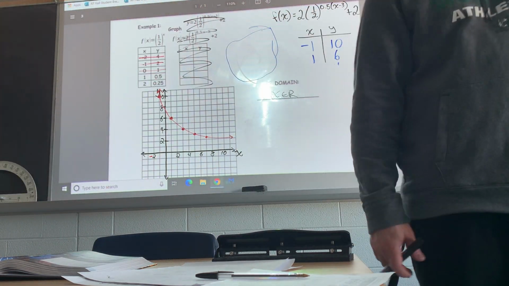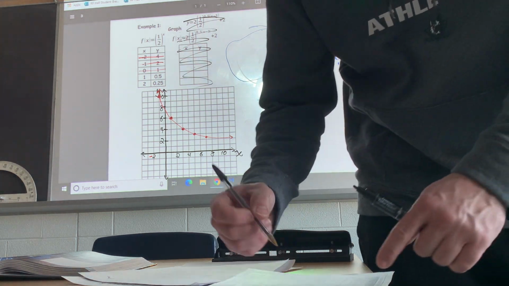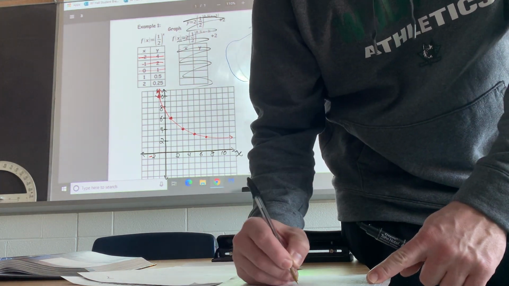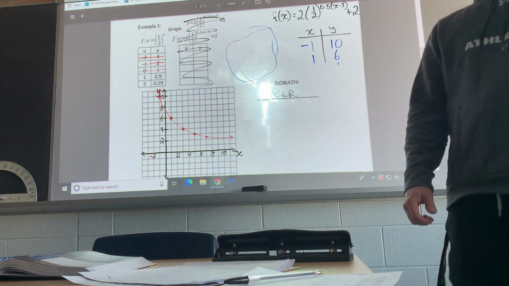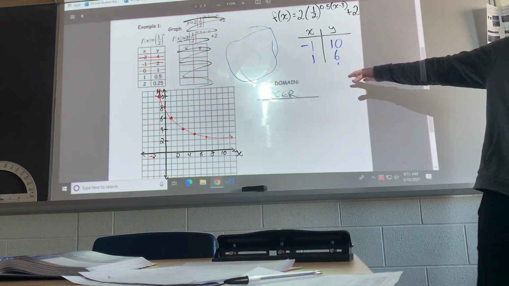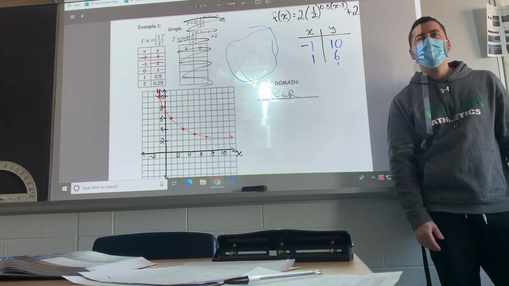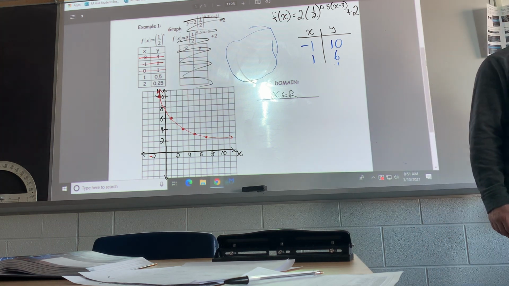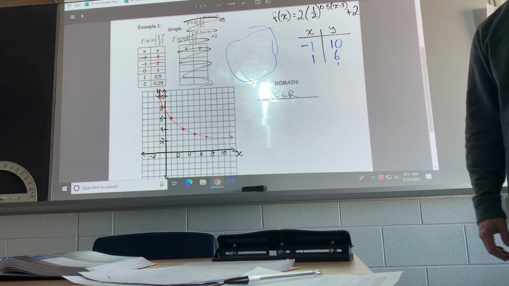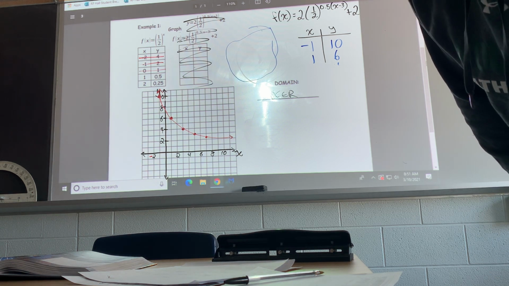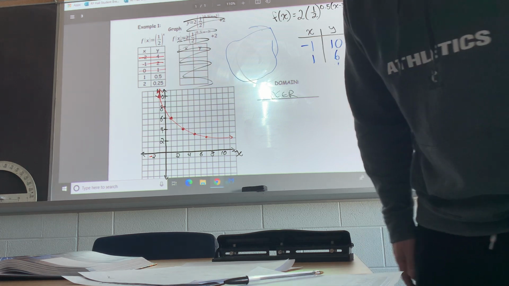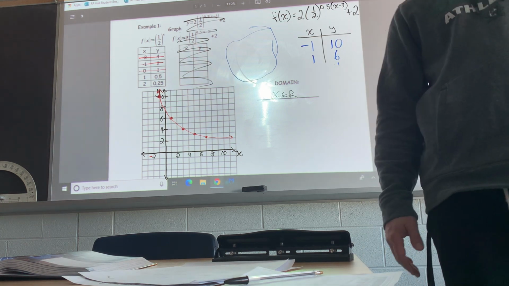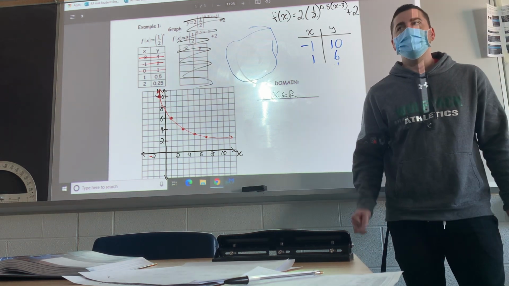You guys at home can answer as well. Is it just x ∈ R, or do we have to add something for our domain? Isabella, that would be for the y values. That'll be for the range.